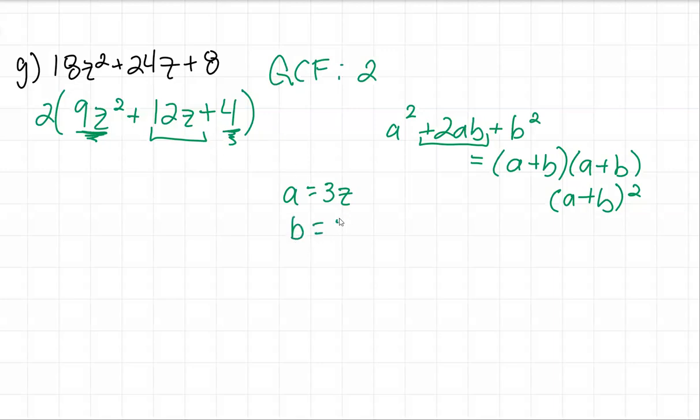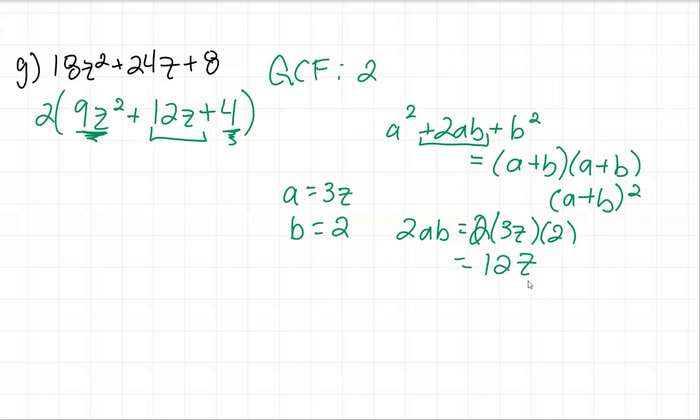B is going to be 2, because 2 times 2 is 4. So now let's calculate 2ab. We have 2 times 3z times 2. 2 times 3 is 6. 6 times 2 is 12. Times z is 12z. So it's a perfect match.